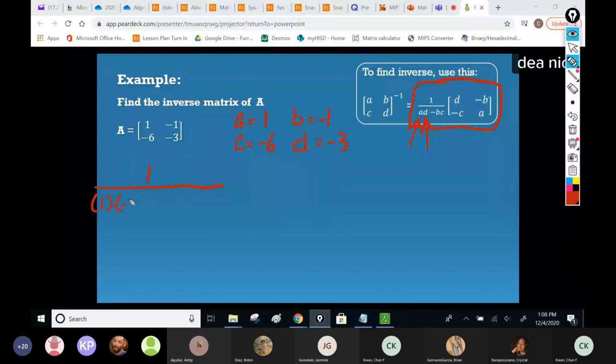So I need 1 times -3 right here. And then minus, I need B times C, so that means I need B, which is -1, times C, which is -6.